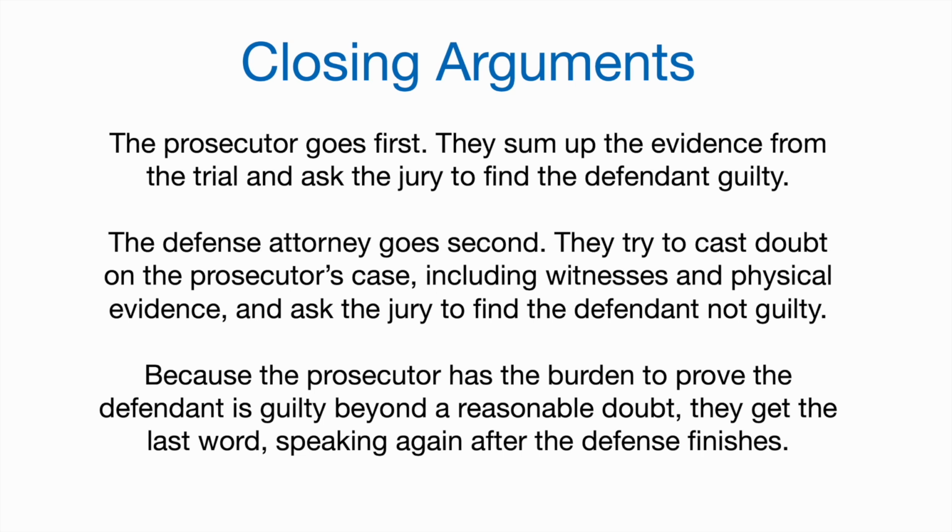The prosecutor gets a second crack at it with the closing arguments because they have the burden to prove the defendant is guilty beyond a reasonable doubt, so they get the last word, getting to speak again after the defense finishes.